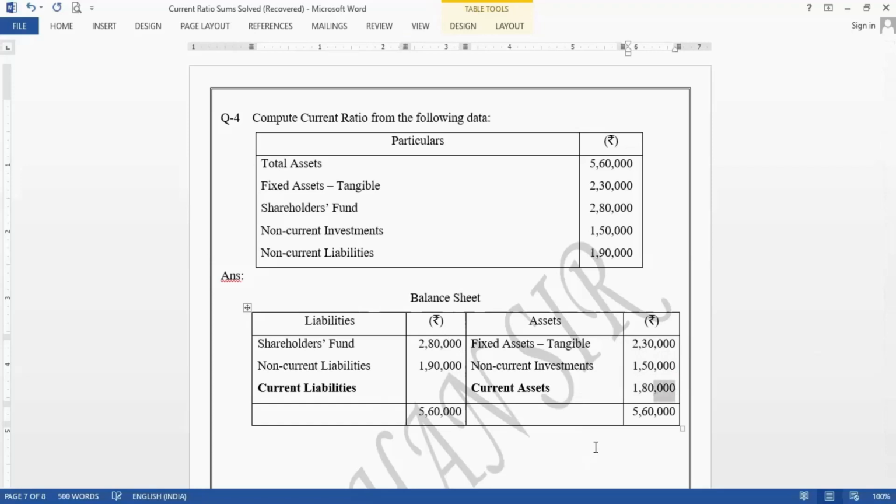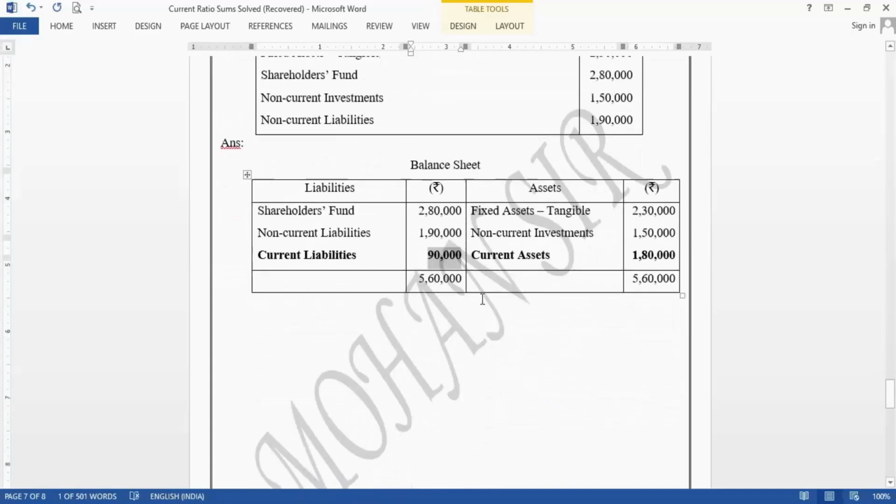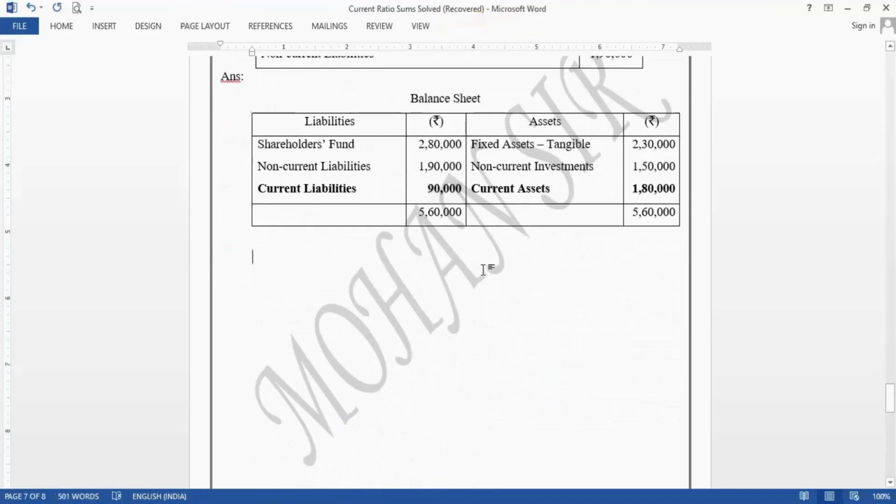So this is what I have calculated as current assets. In the same way for the current liabilities, the total of the two values, 2,80,000 and 1,90,000, is 4,70,000. The difference will come to 90,000 for current liabilities. I'm sure you have all understood. This balance sheet is for us as a working note.